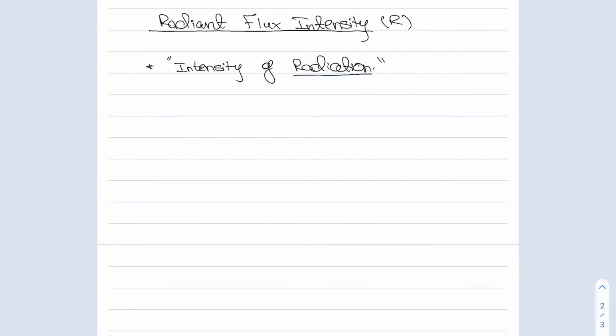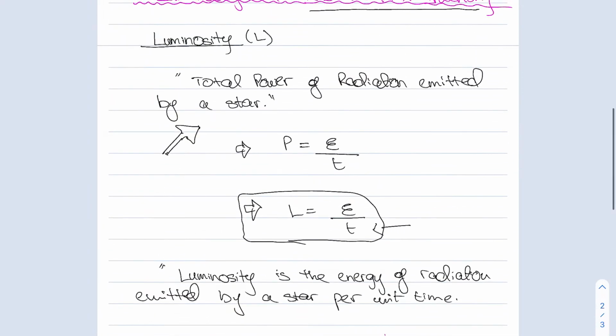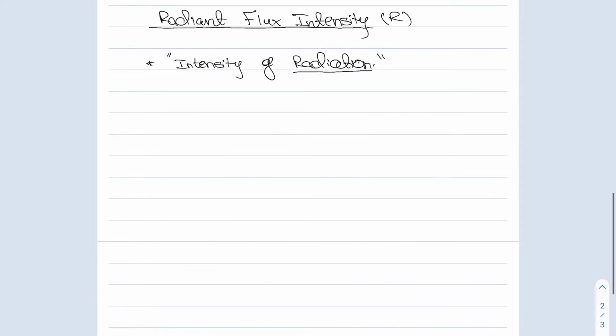The sun is a star and it emits radiation at a crazy rate, as thermal radiation due to the nuclear reactions going on. So radiant flux intensity and luminosity are basically measures of how much radiation the star is giving out, right? The formula for intensity is intensity equals power upon area, right?